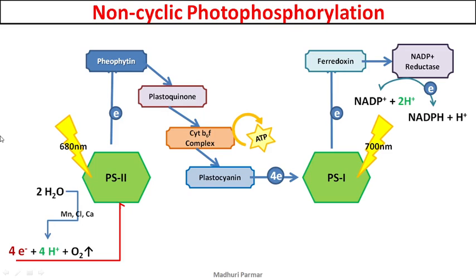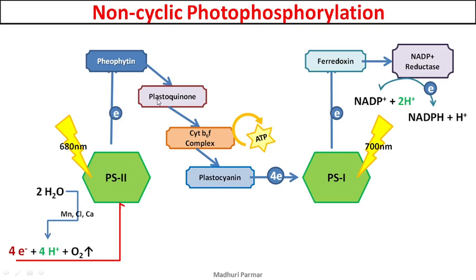Fine. Will you be able to remember this whole process? Quite simple, right? You start with PS2. PS2, when it gets excited, it donates its electron. That electron is filled up from the splitting of water. From photolysis of water, the electrons get replaced in photosystem 2. Fine. These electrons which left photosystem 2 are accepted by the primary electron acceptor.